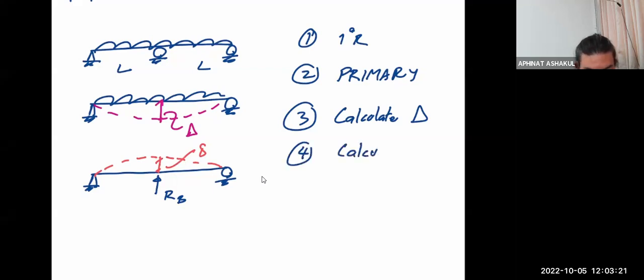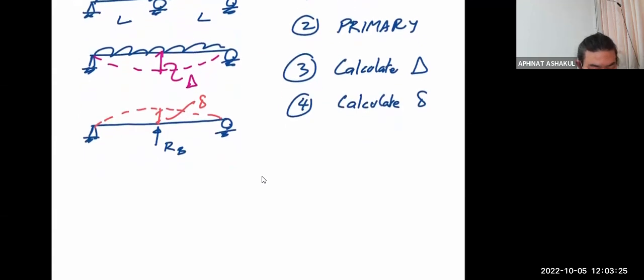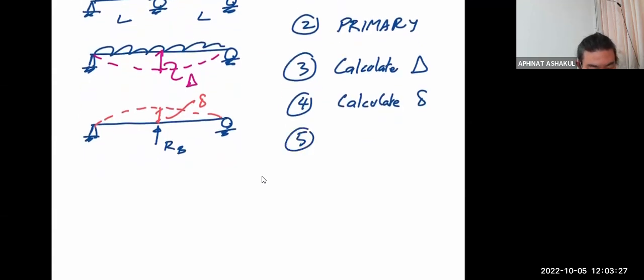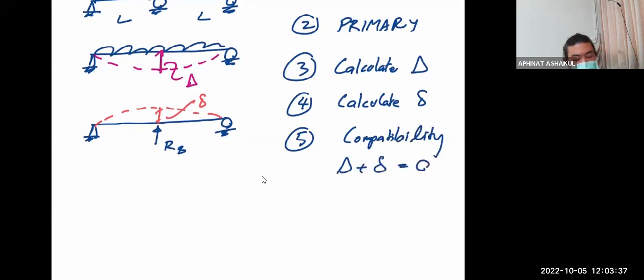Calculate delta. And step number 5, compatibility. Okay, here plus here equal to 0. Okay, so that's the idea of the solution to the indeterminate structure.